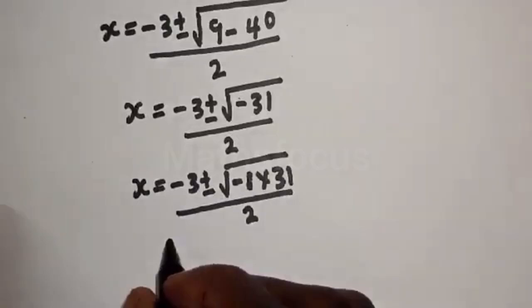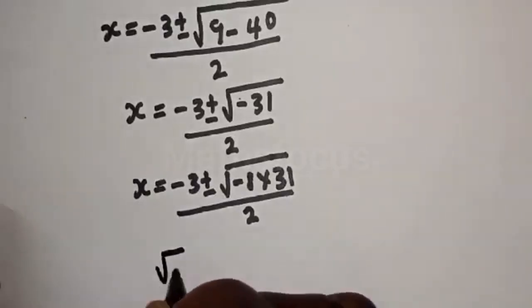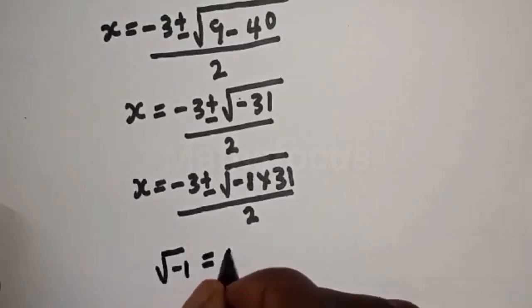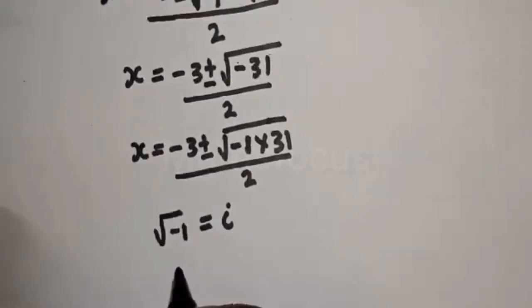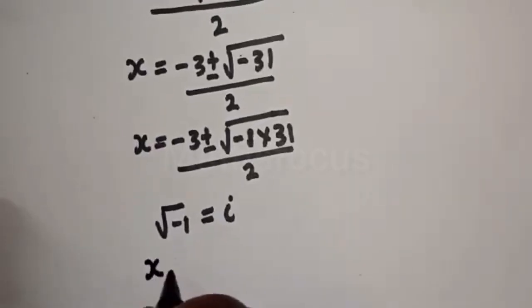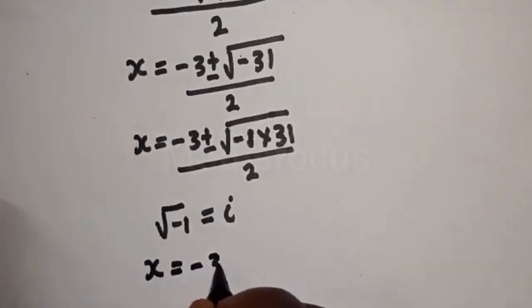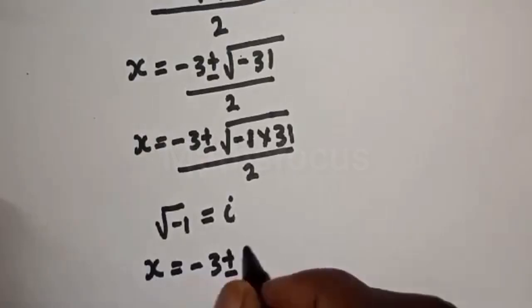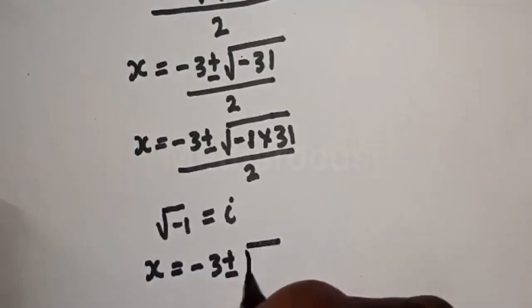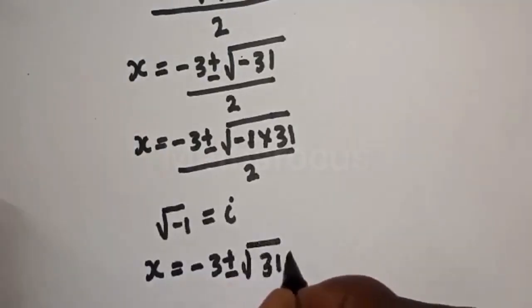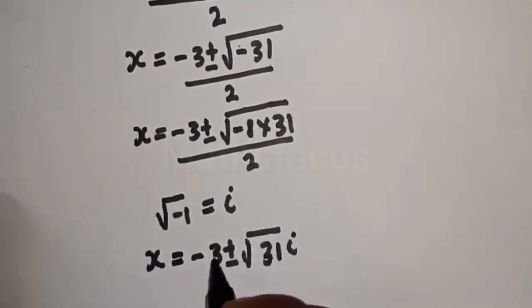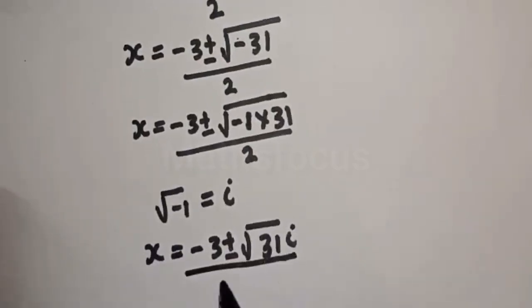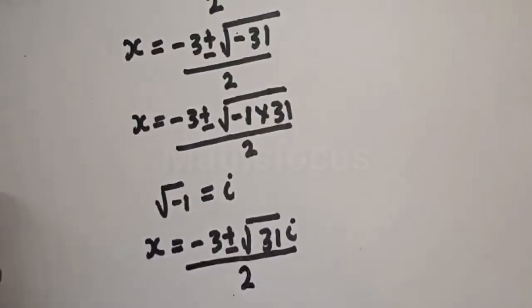But take note of this, that square root of minus 1 is equal to i. S is equal to minus 3 plus or minus square root of 31i over 2.